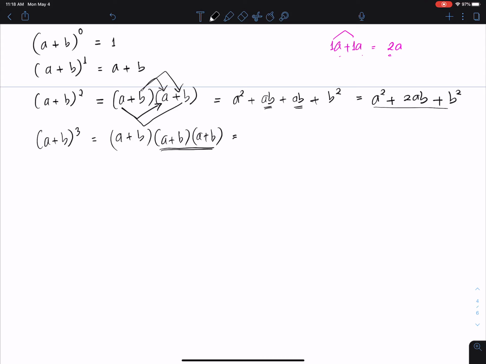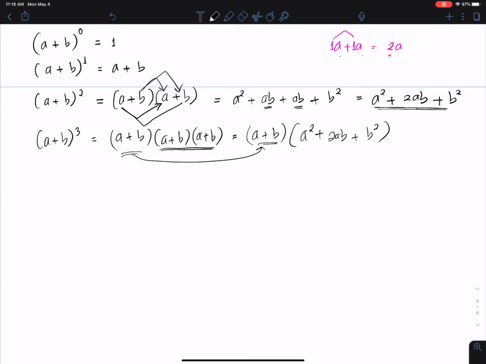To make it easy, we can just put a plus b for the one over here, and for the one at the back, we can make use of the earlier calculation, which is a square plus 2ab plus b square.